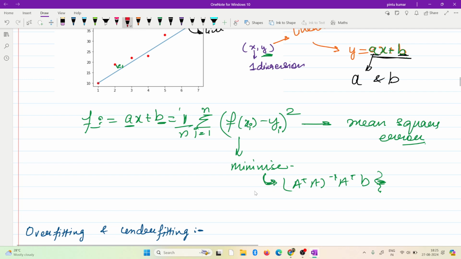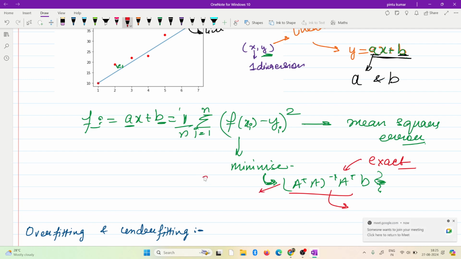So when I said that this method is simple, you need not use fancy methods like gradient descent, which gives you an approximate solution. You have a closed form solution which gives you the exact solution for your parameters. Okay. So whatever value you obtain would be your value for A and B.